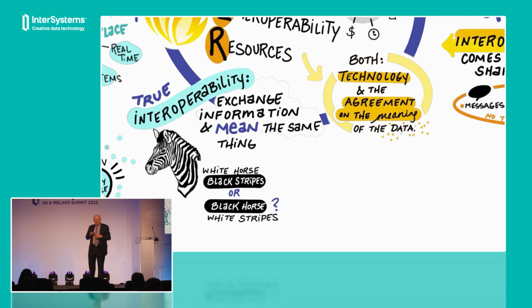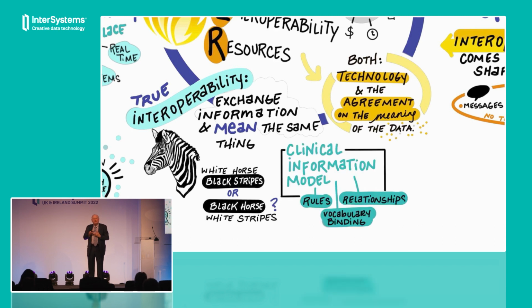So we have to have, for each of those data concepts, what is called a clinical information model, a detailed model that is all the rules for the data that we're representing, all the relationships between the data elements in that, and all the vocabulary binding, the terminology or codes that we're going to allow for that particular use case or information model.